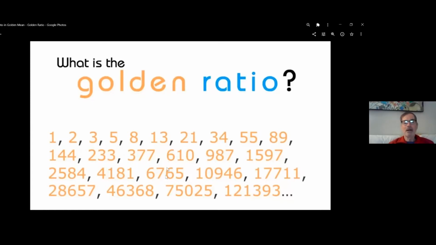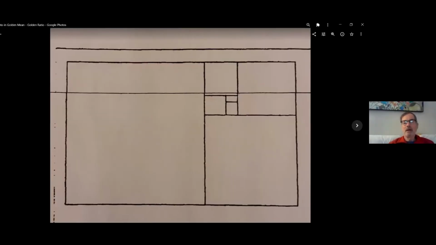It turns out that the ratio between 2 numbers here is 1.618, the golden ratio. I'm not going to go over this again because we kind of hit it with that Parthenon. If you start out with a golden rectangle, you divide it, you get a smaller one. You divide it, you get another smaller golden rectangle, another, and you do the same thing going the other way.